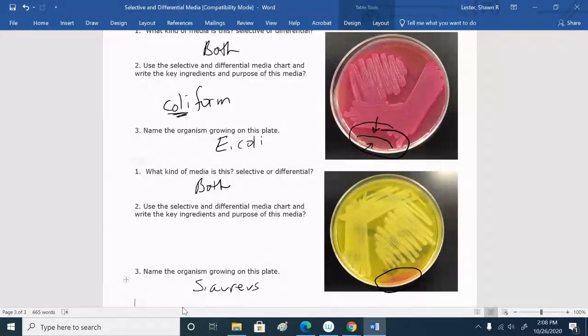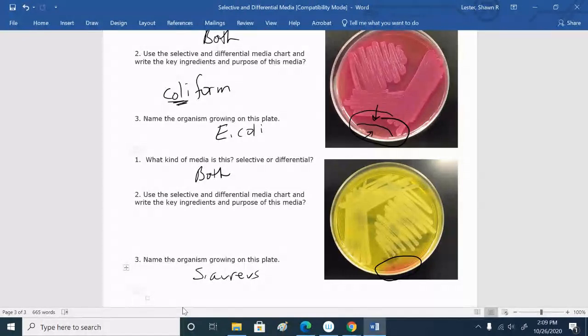So I don't have a picture of the PEA because it just looks like an ordinary TSA plate, and the only thing you're looking for is growth or no growth, right? So on the PEA, if the organisms grow, it's what? It's gram positive.